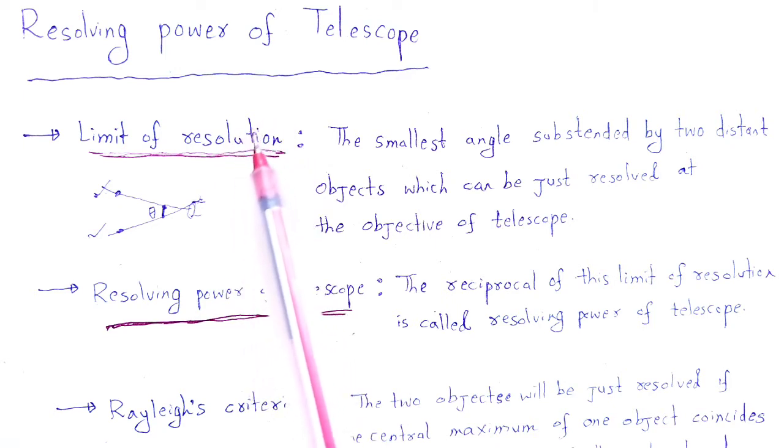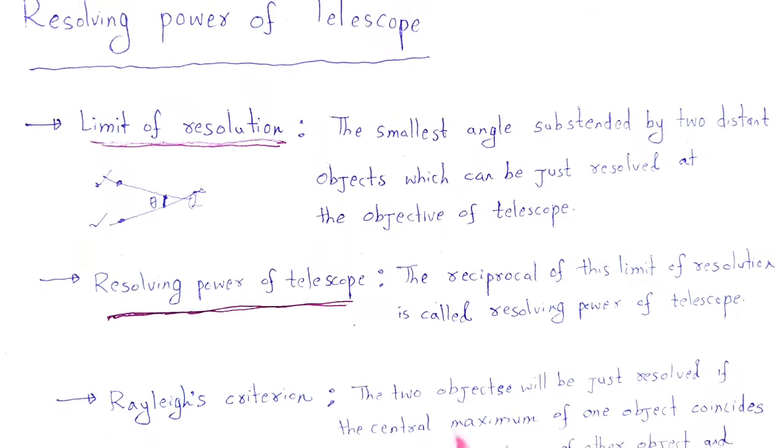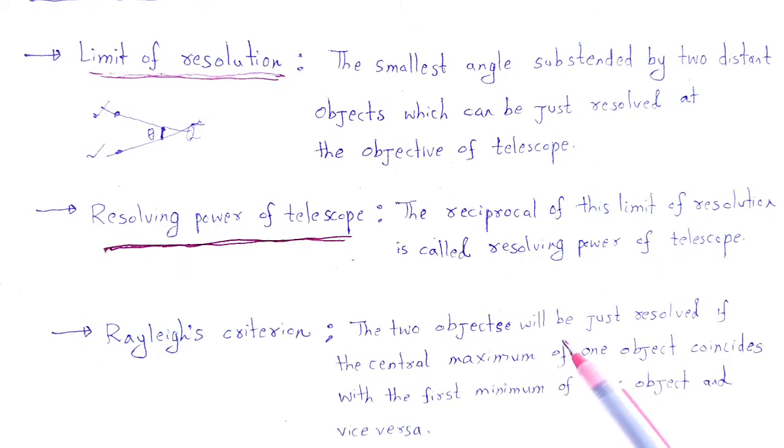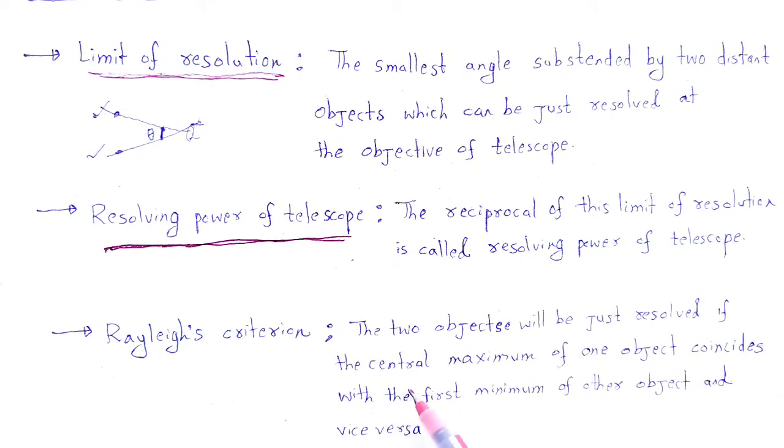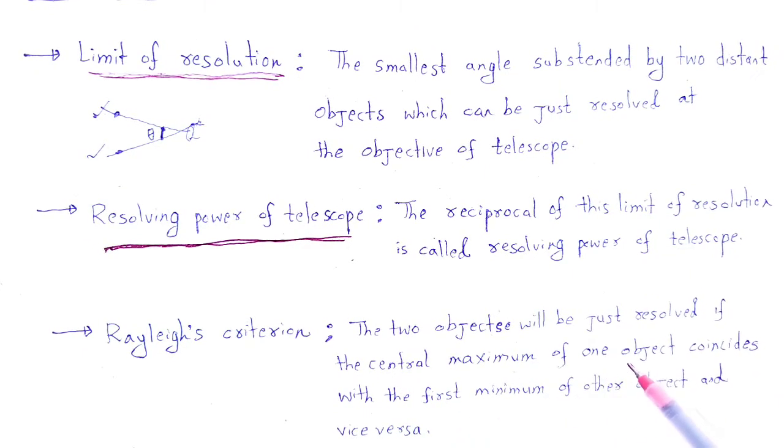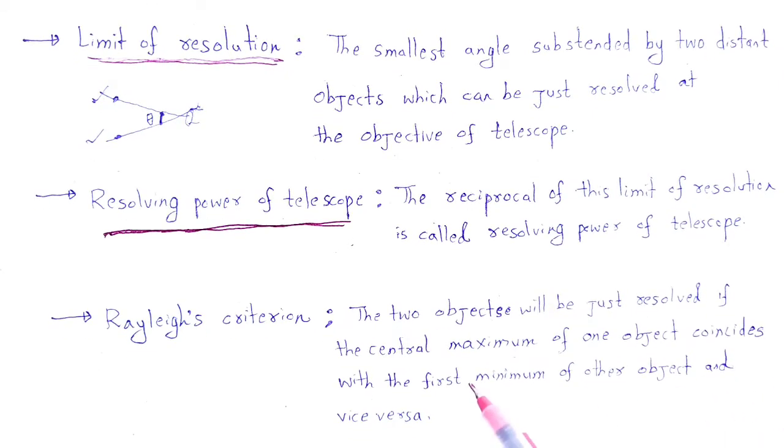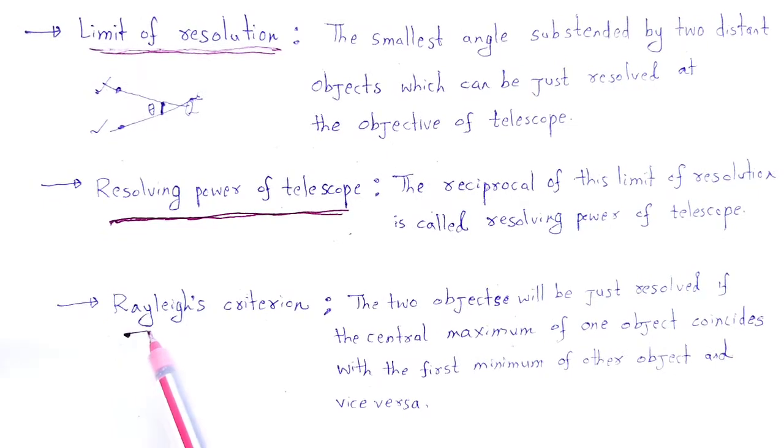These two objects can be easily resolved with the help of the telescope if it satisfies Rayleigh's criterion. What is Rayleigh's criterion? The two objects will be just resolved if the central maximum of one object coincides with the first minimum of the other object and vice versa.